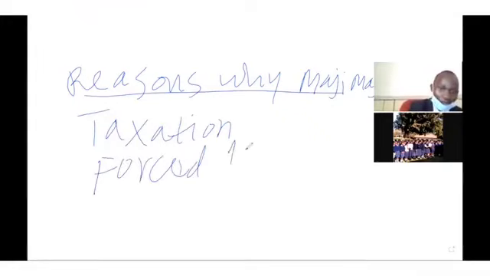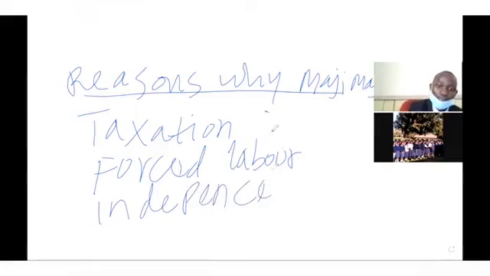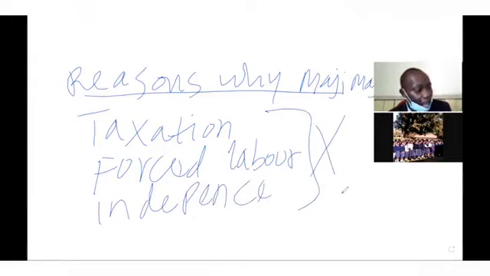Please, in secondary, you are supposed to communicate. So make sure you communicate. These ones, you are not communicating anything. But you can say, Africans were against taxation.